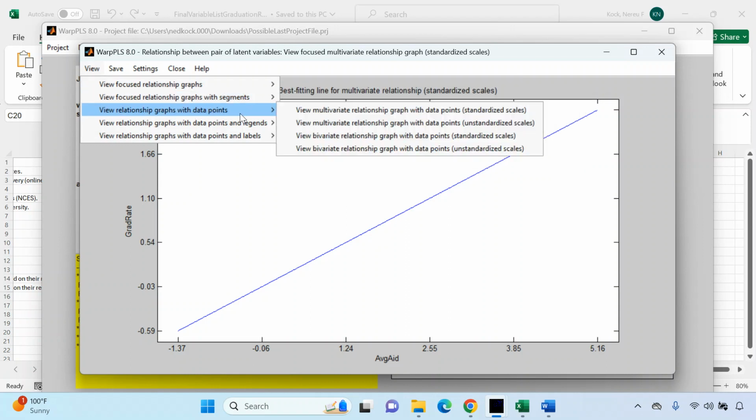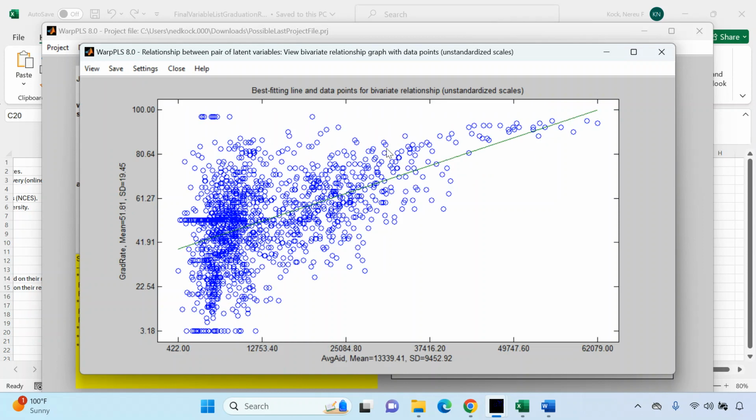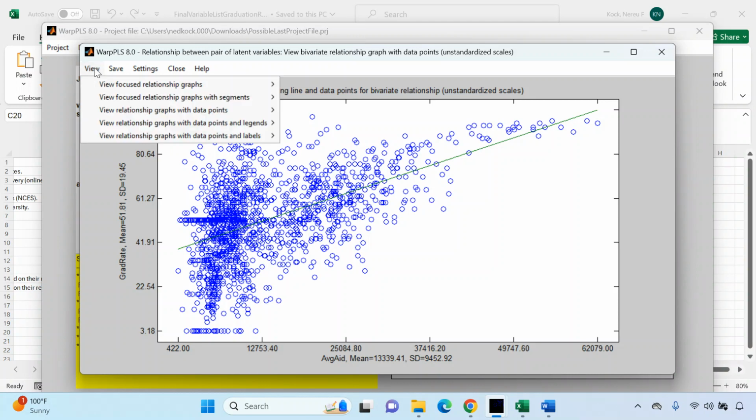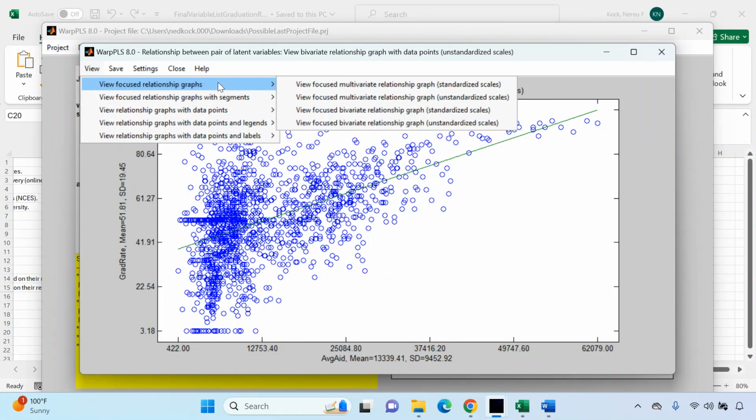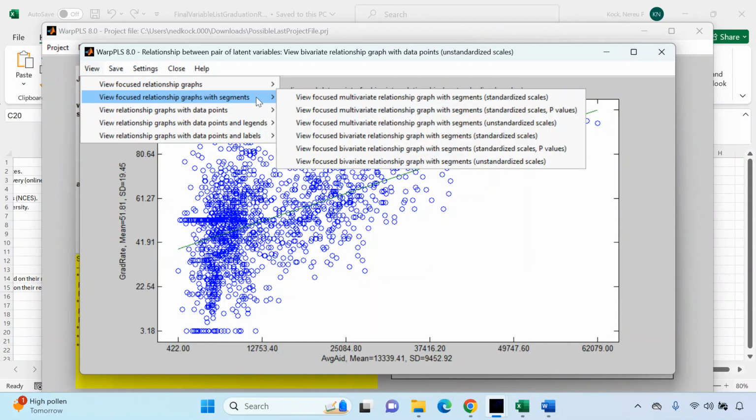We can have a graph with data points, and we can have unstandardized scales. This is the graph here. One thing you could have is an analysis using the focus graph, but with the path coefficients in them.